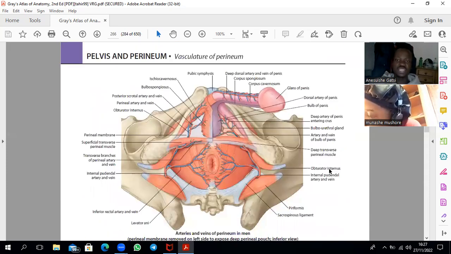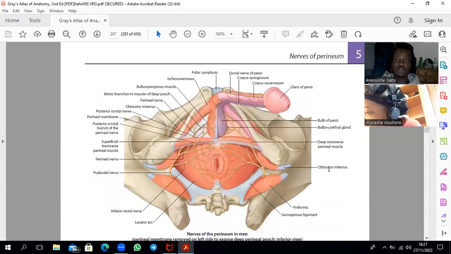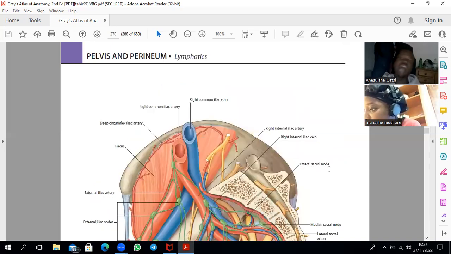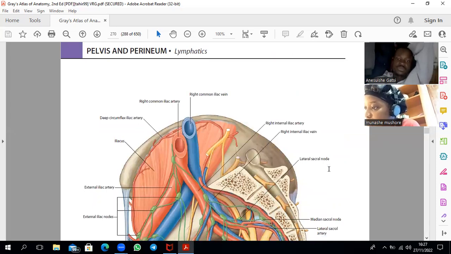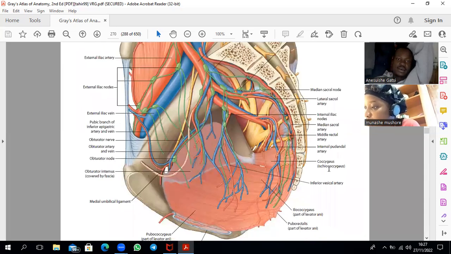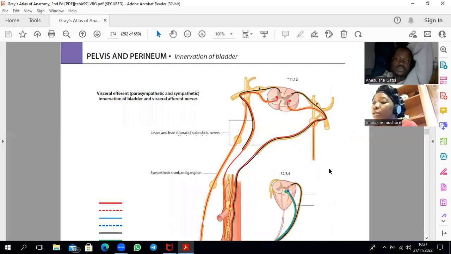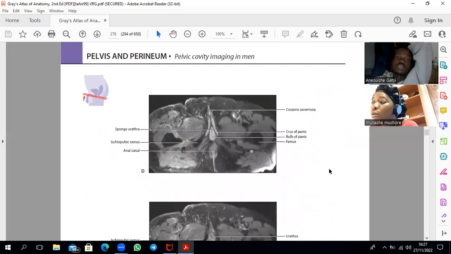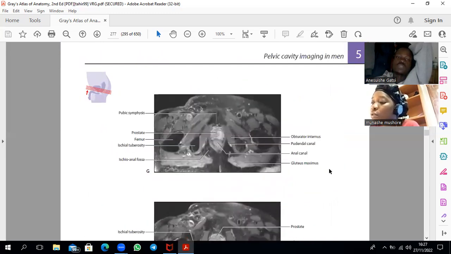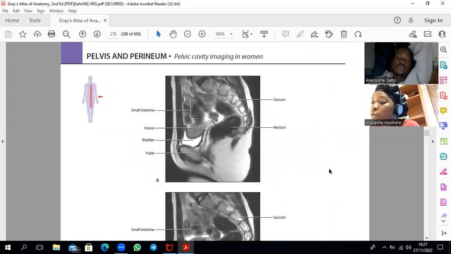Have you ever heard of a greater sciatic foramen and a lesser sciatic foramen? Yes. Ah, good. You've done the bones. It's called pudendal canal or Alcock's, A-L-C-O-C-K.